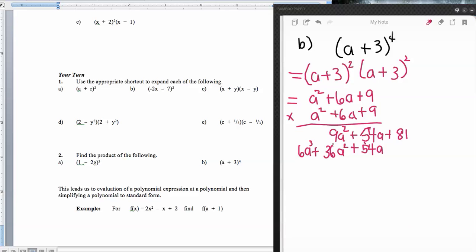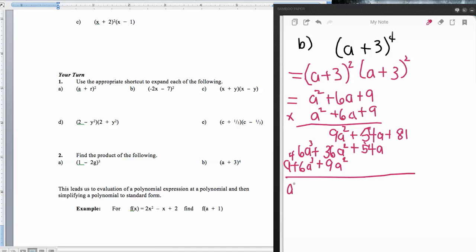And then finally moving over to the a squared, 9 times a squared is 9a squared, that's a plus. And then a squared times 6a, which is 6a cubed. And then finally plus a squared times a squared, which is a to the 4th. And now we'll go ahead and add all of these.